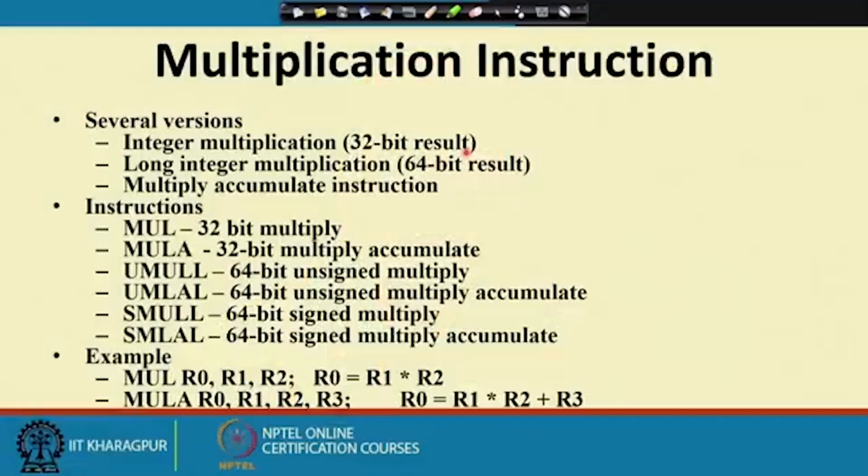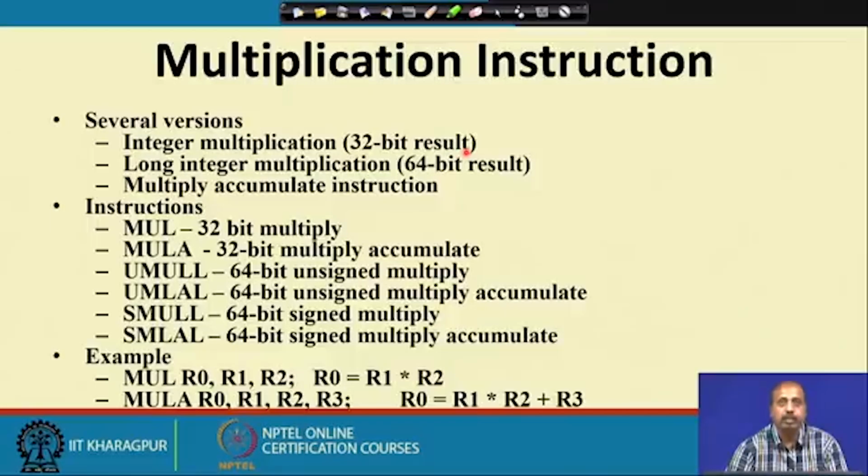Now, in ARM processor, multiplication has many variants. We have integer multiplication, which is 32-bit and gives a 32-bit result. Then there is a long integer multiplication that gives a 64-bit result, and there is a multiply accumulate instruction, for multiplication and addition, like multiplication over arrays.